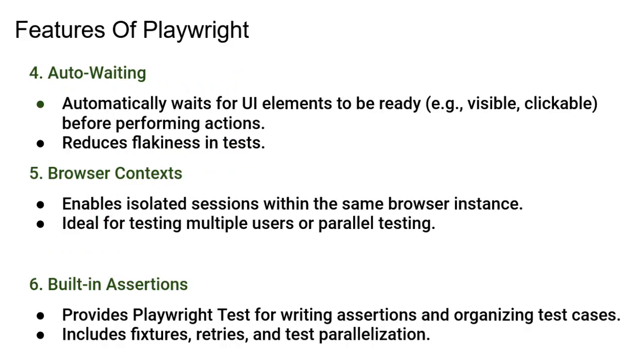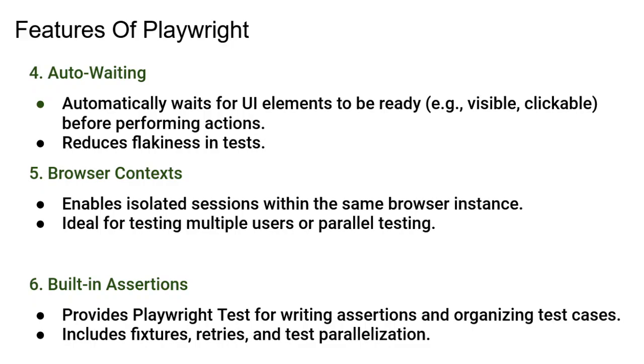Auto waiting. In Playwright, there is a system of automatically waiting. For example, it waits automatically for UI elements to be ready. For example, the UI elements should be visible, they should be clickable before performing any actions. It reduces flakiness in tests as well. Browser context.